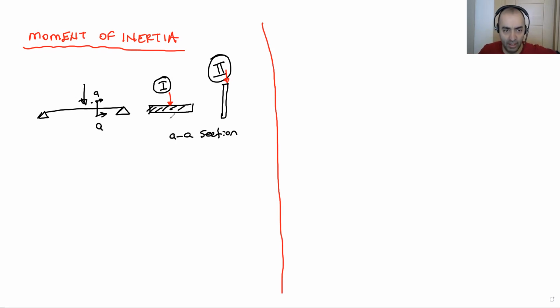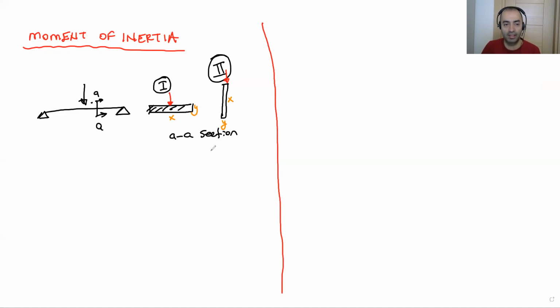So what we get after this small experimental study in our hands, if we have the section is same, the section is same. Let's say this dimension is B, this is X, this is Y, this is X, this is Y. So dimensions are same, but when we change the orientation of the section, we get a really big capacity which resists the deformation.